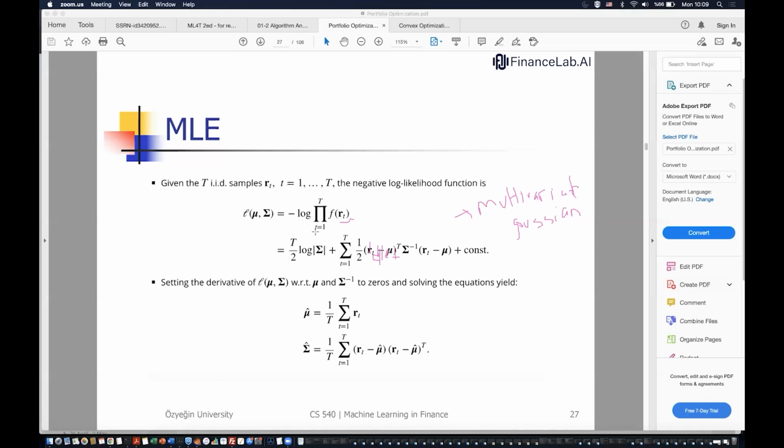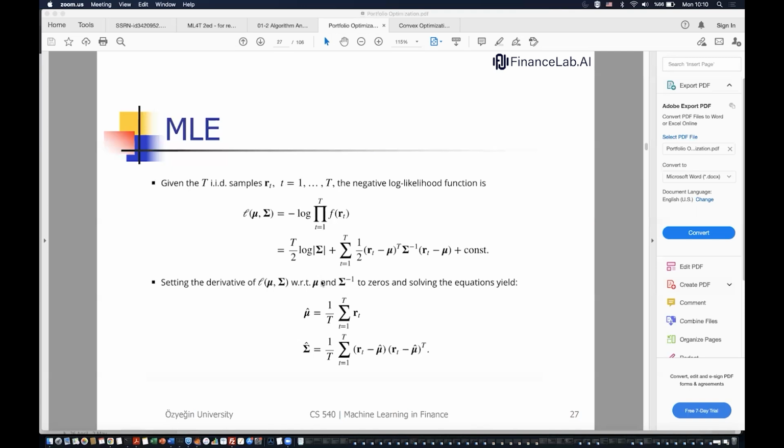If we take the logarithm, we come up with an expression as you see here, which depends on the logarithm of the determinant as well as the expression you have seen. For least squares, we haven't assumed anything about the distribution of R_t. But if you assume that R_t follows a Gaussian distribution, then we write the expression in log form, and then we take its derivative and set it to 0 in order to find the optimal values, because at the optimal values, the derivative is equal to 0.